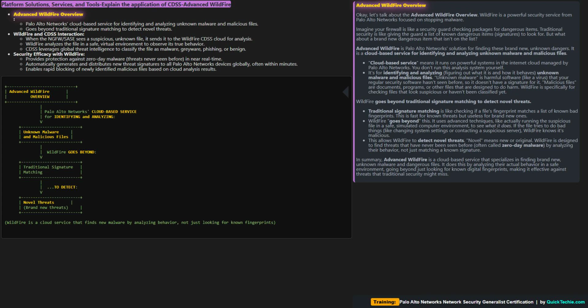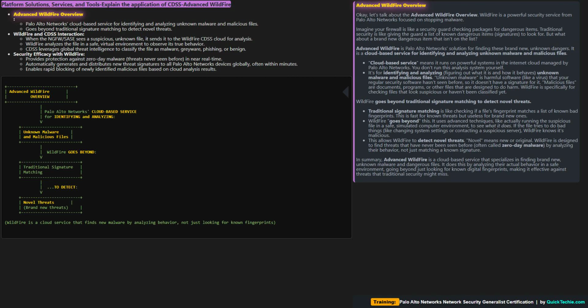Unknown malware is harmful software, like a virus, that your regular security software hasn't seen before, so it doesn't have a signature for it. Malicious files are documents, programs, or other files that are designed to do harm. WildFire is specifically for checking files that look suspicious or haven't been classified yet.